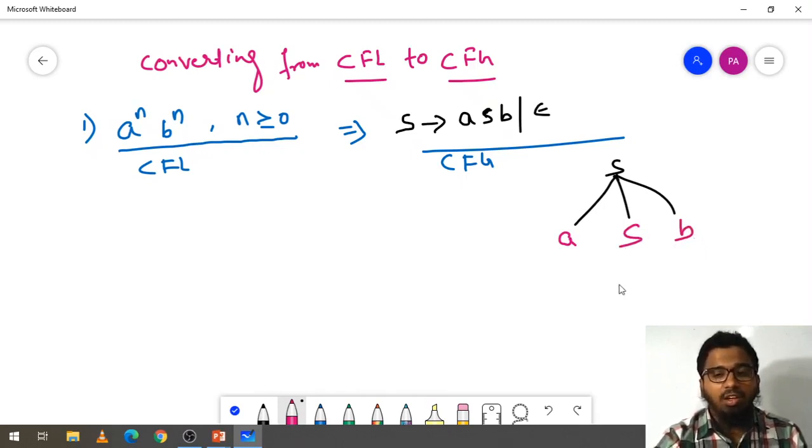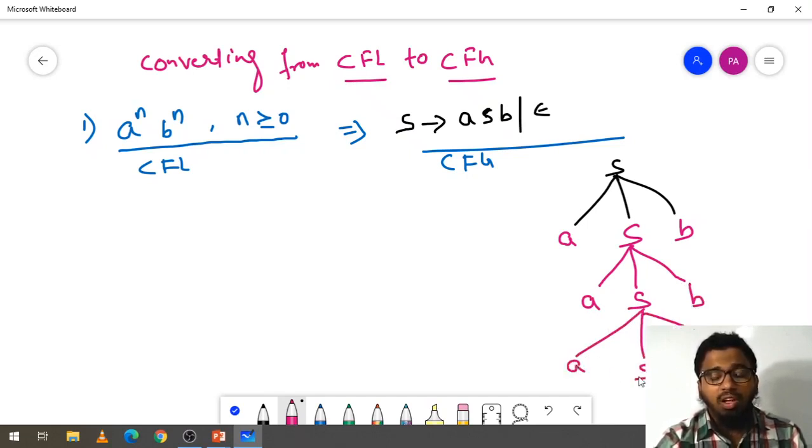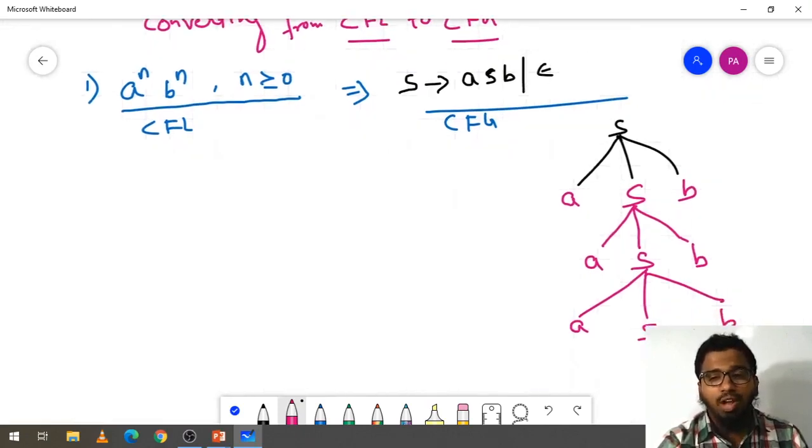So again you can expand this: a, non-terminal S, b. If you go like this, it will go till the last, because as long as we have the non-terminal, this tree will expand that many times. So now in place of this I can write epsilon. Epsilon means it will stop here.